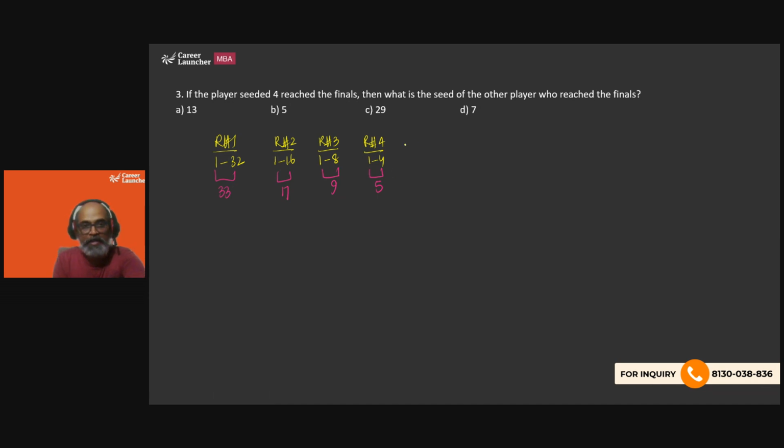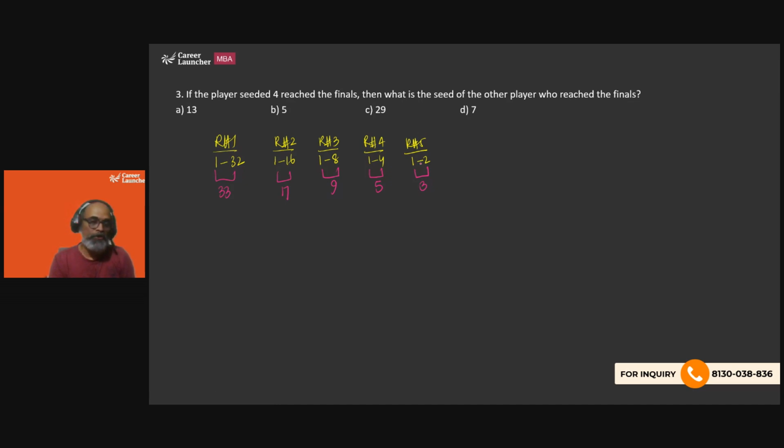And in round number 5, which is nothing but the finals, it's going to be 1 versus 2. So the sum is supposed to be 3.